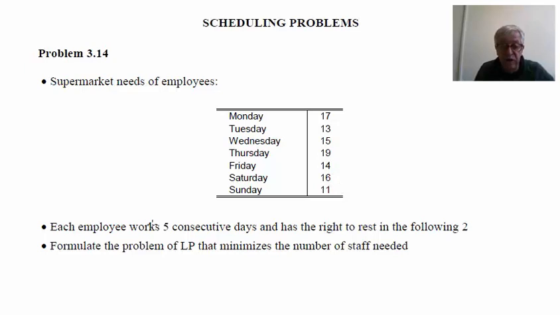We know that each employee works 5 consecutive days, and has to rest the following 2 days. Of course, we want to formulate a linear programming problem that allows us to minimize the number of people in this team.